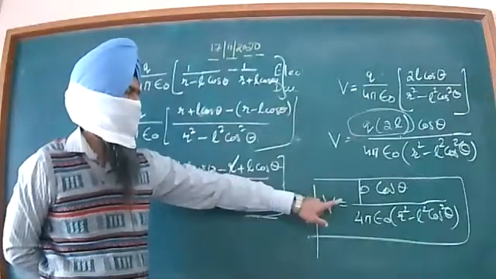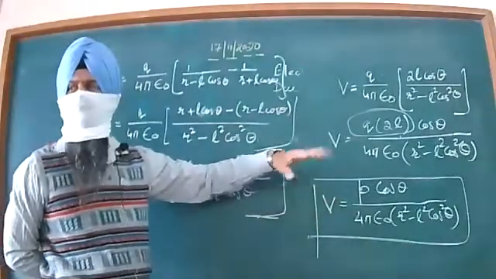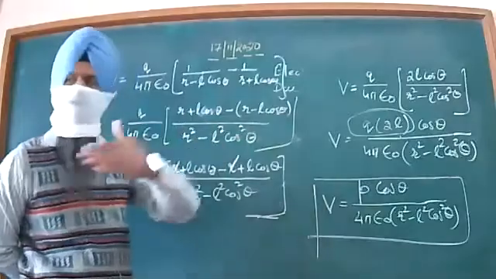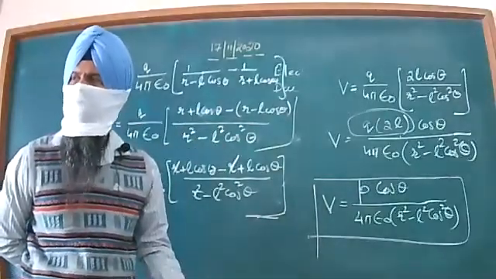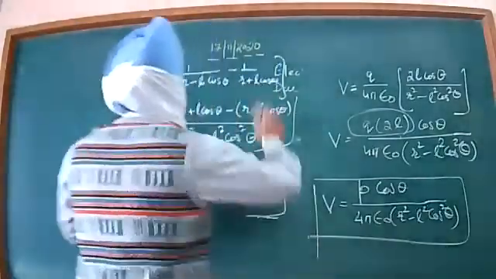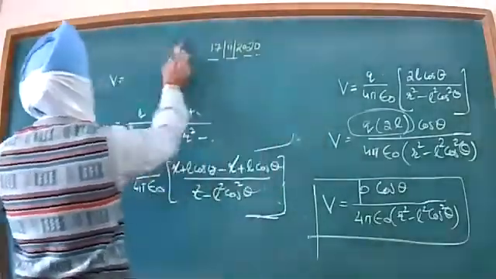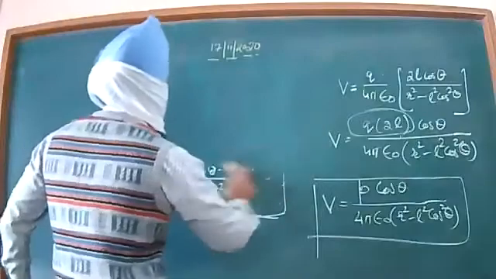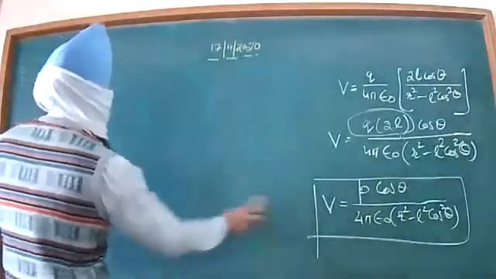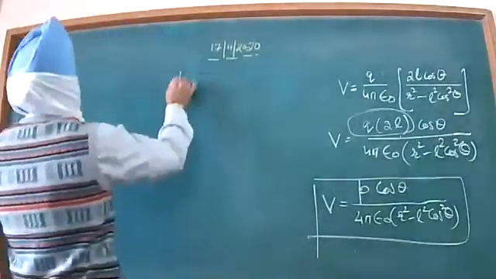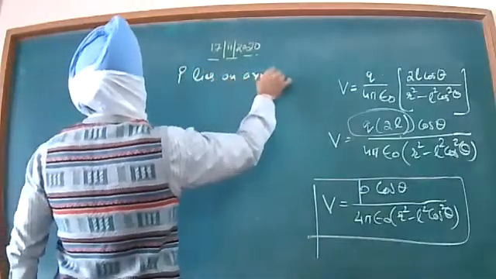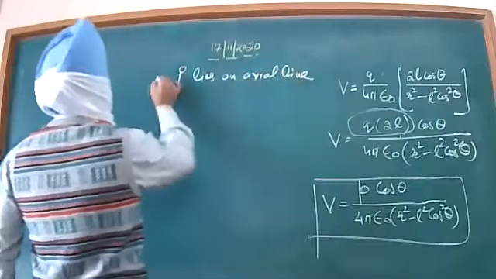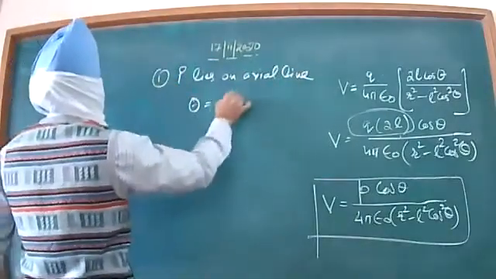If you say that your observation point is on the axial line, you can see your diagram on your notebook. Theta will become 0 when the point P is on the axial line. Let me conclude these points also, otherwise it will be incomplete discussion, dear children. If point P lies on axial line of your electric dipole, theta will become 0.